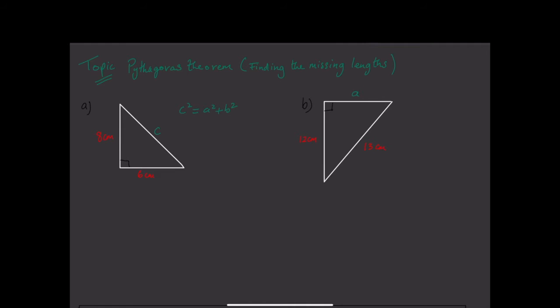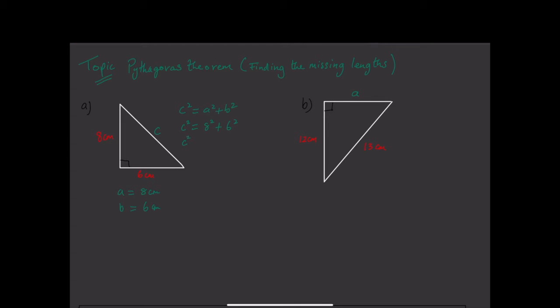So we're basically going to use substitution. We label A equals 8 centimeters, B equals 6 centimeters, and we substitute into our original equation. So we get C squared is equal to 8 squared plus 6 squared.